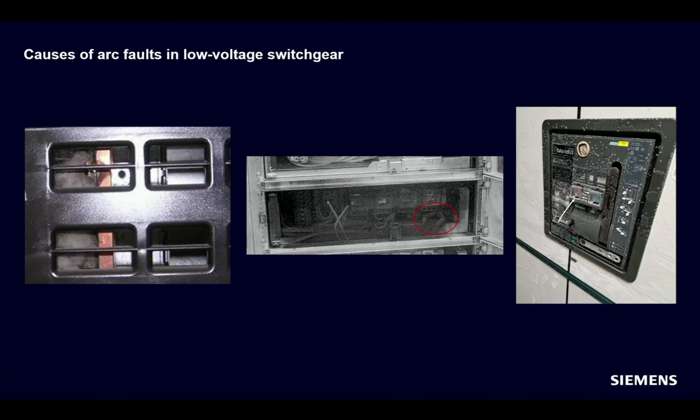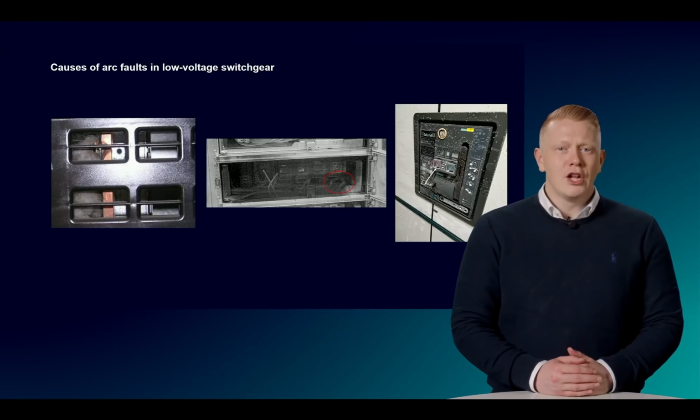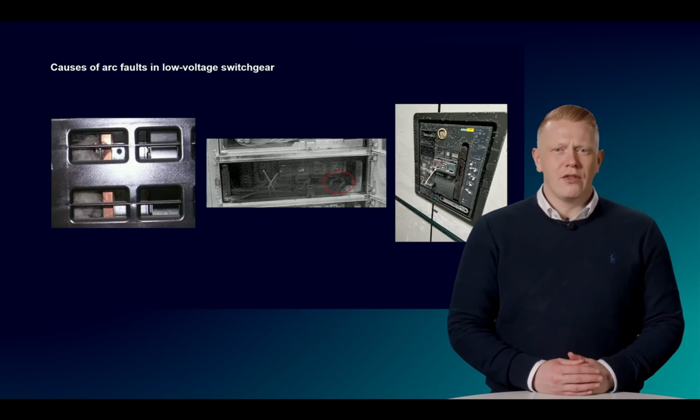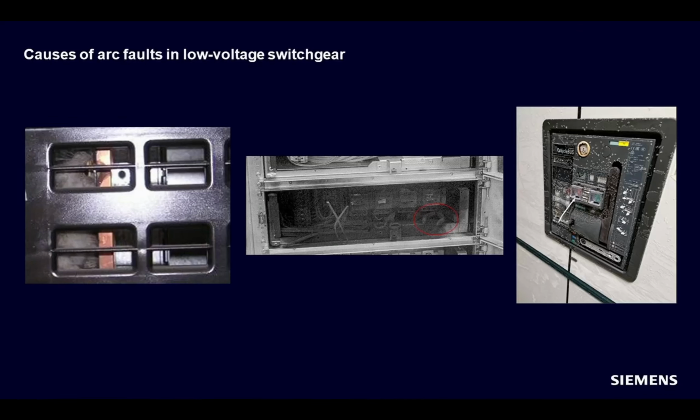Last but not least, errors in planning also pose a further risk, for example, due to incorrect dimensioning of equipment or cables. In an extreme case, this can lead to an overload of the components, which can then lead to failure and also to short circuit. And this means an arc fault.